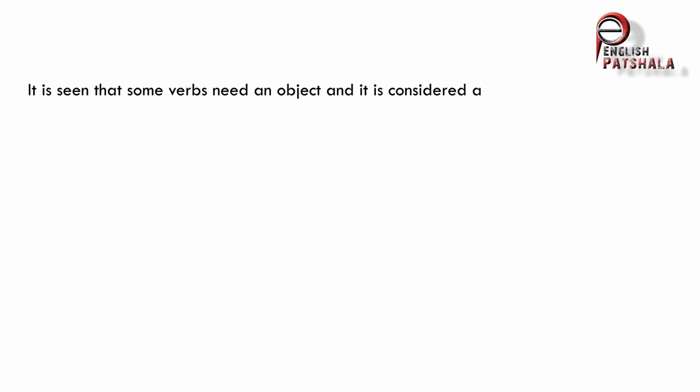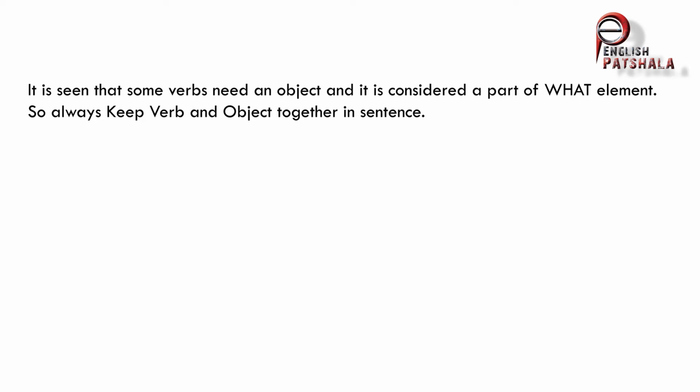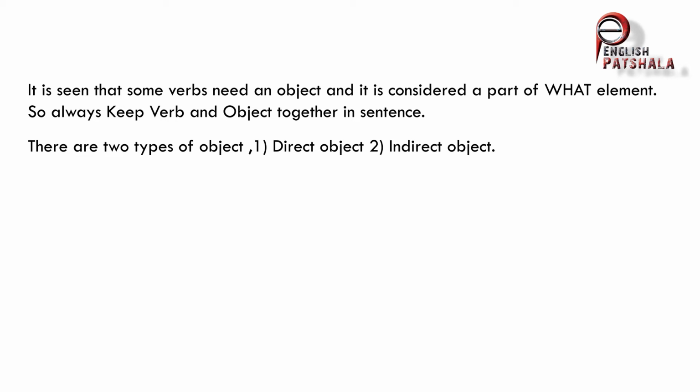It is also seen that some verbs need an object and it is considered a part of the what element. So always keep verb and object together in a sentence. And there are 2 types of object in English.